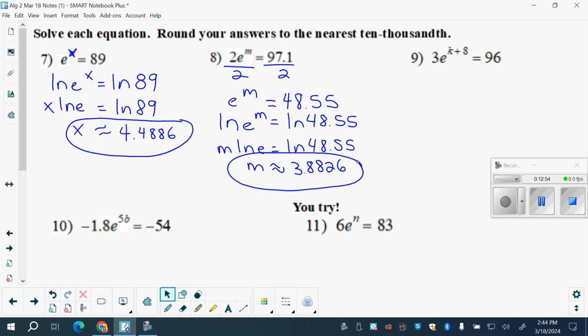Okay, what's our first step on number 9? Somebody in this group tell me what our first step would be on number 9? Yes, divide by 3. We've got to get that e to the k plus 8 by itself. And again, when we take 96 divided by 3, it is 32. So now we do what?